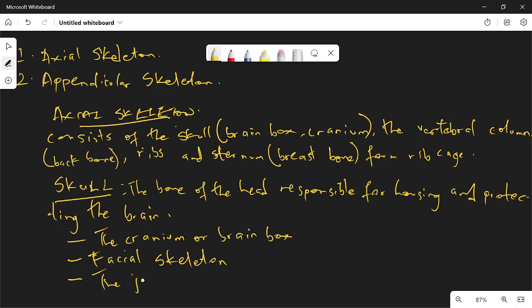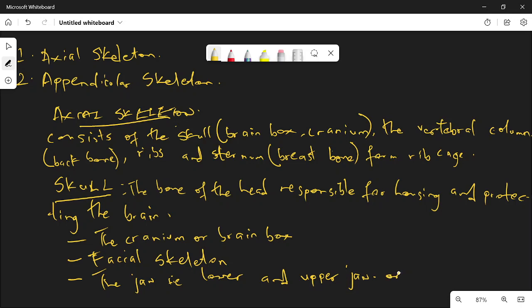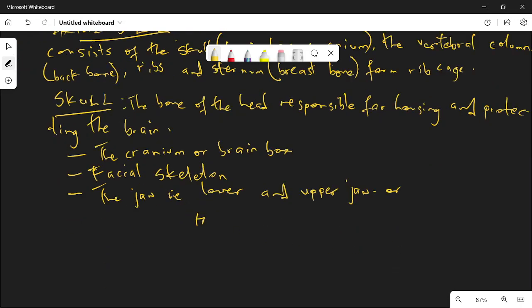This jaw is divided into two. We have the lower and upper jaw, or it can also be referred to as the mandible and maxillae. Are we together?